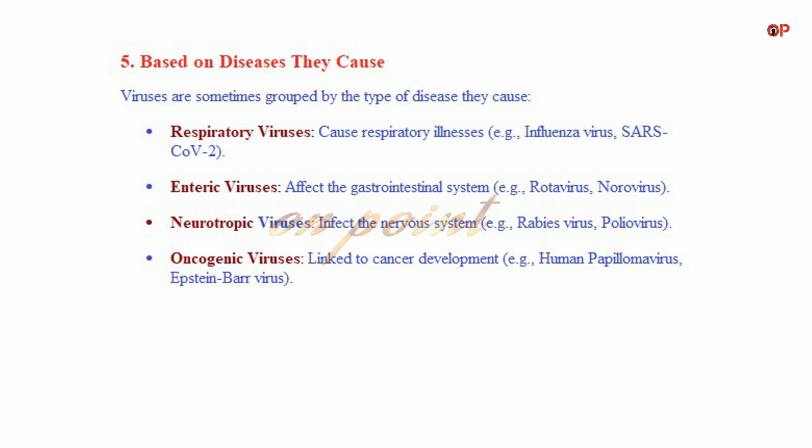Neurotropic viruses infect the nervous system, example rabies virus, poliovirus. Oncogenic viruses linked to cancer development, example human papillomavirus, Epstein-Barr virus.